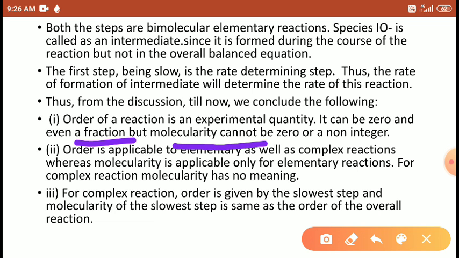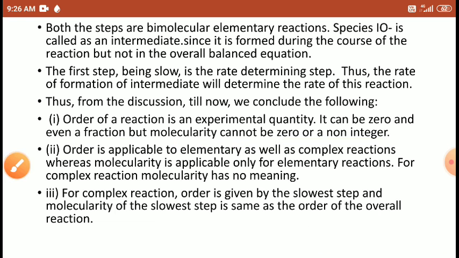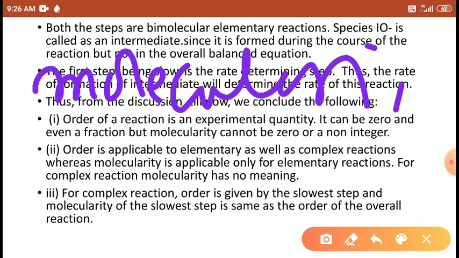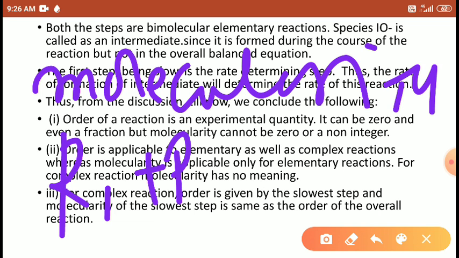But molecularity cannot be zero or fractional. Molecularity is the number of molecules taking part in the reaction. How many reactants? One reactant, two reactants.